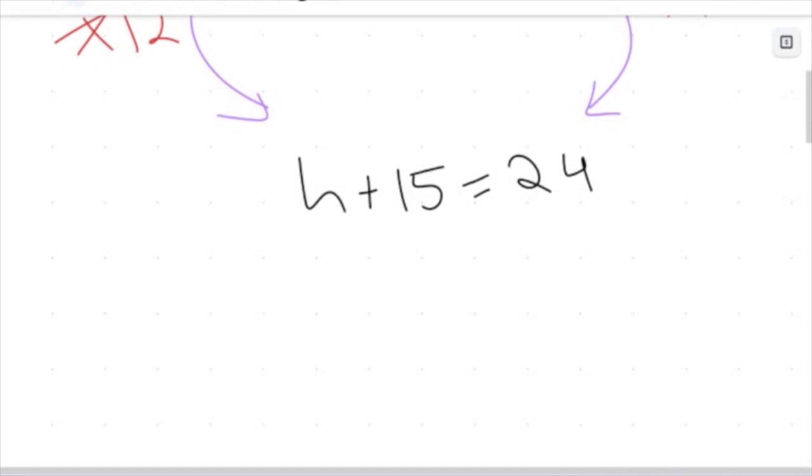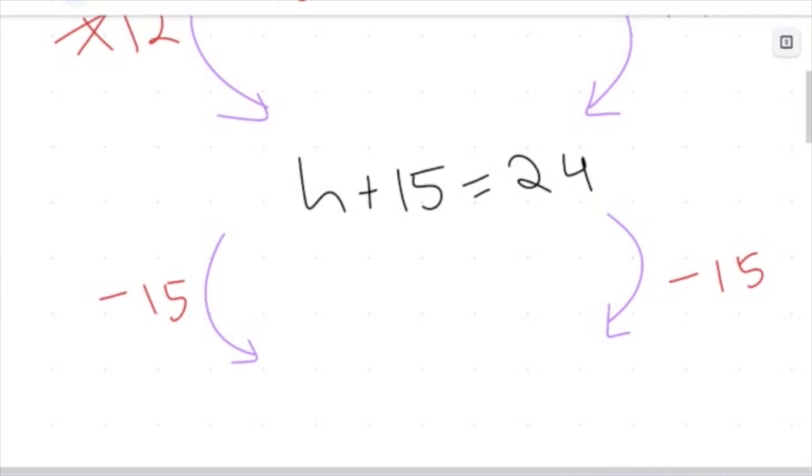Now, from here, I want to just find, well, what number adds to 15 to give me 24? How can I find that? Well, I can subtract 15 from both sides, and this is going to give me what h was before I added 15.